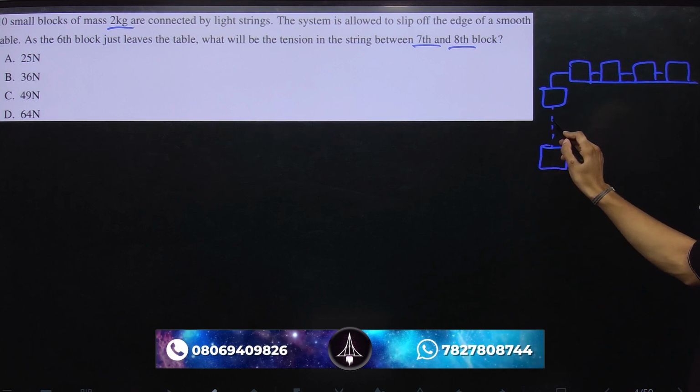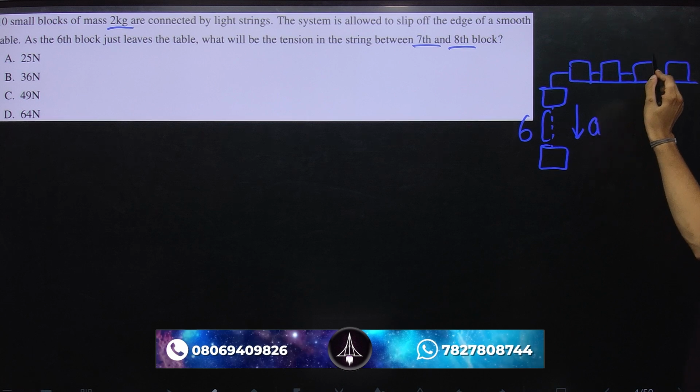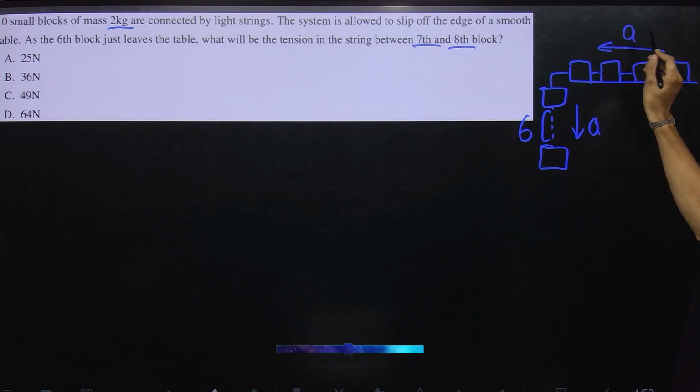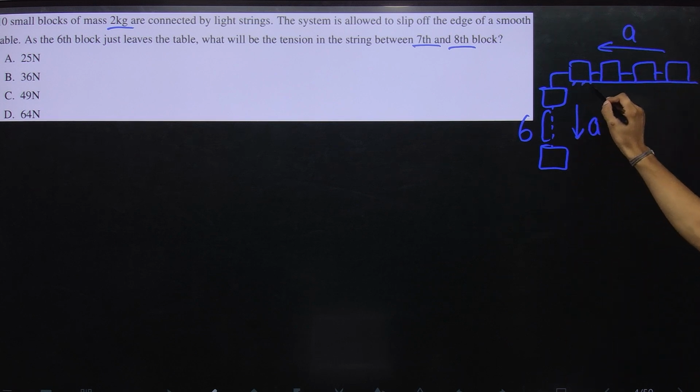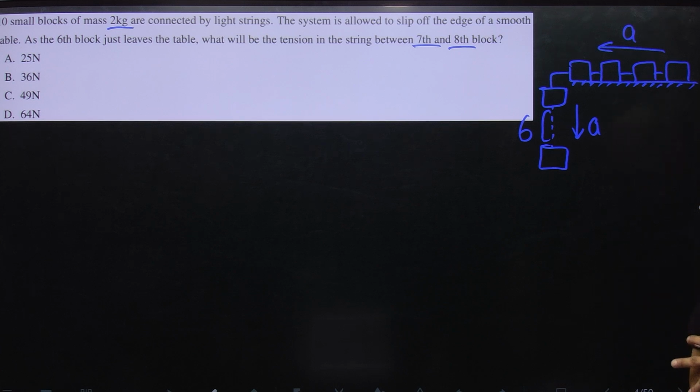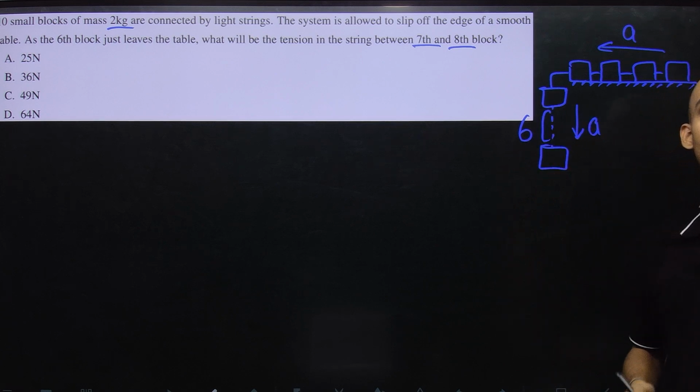from the table. These are 6 blocks, and each of them will have the same acceleration. Since all the blocks are connected by ideal strings, every block in the system should have the same acceleration, whether horizontal or vertical. But the driving force of the system will only be provided by the weight of the blocks that are hanging.